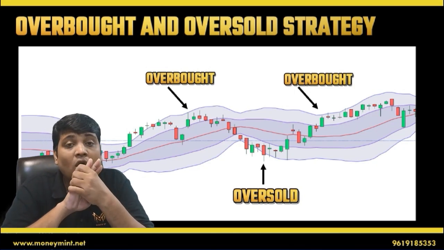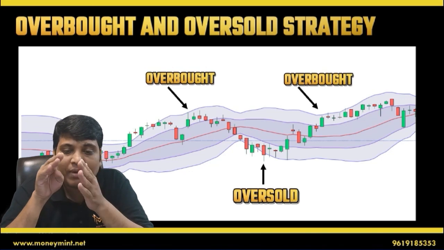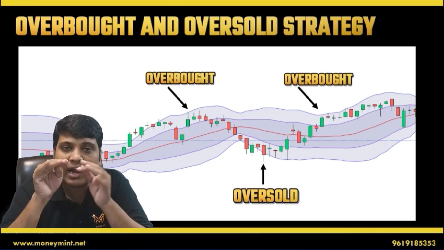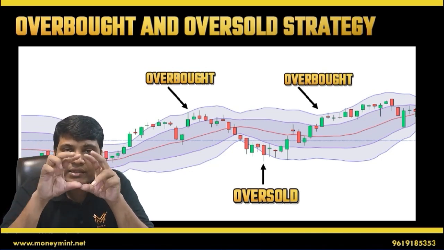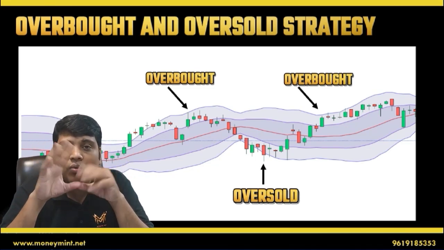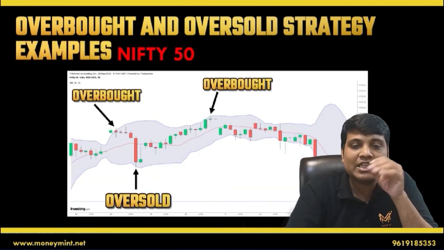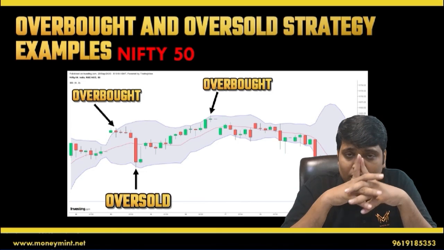So that becomes the overbought zone. When the oversold zone was there, it was touching the band. The moment it left the band, and both the upper band and the lower band are roughly flat, it becomes an oversold zone. Similarly the overbought zone. So this was the explanation of the band strategy.